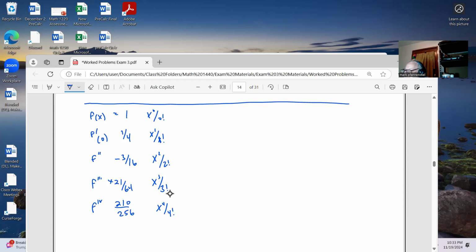So we're just going to have 1 plus 3/4 x, okay, minus this 2 times 16 is going to be 32. So minus 3 over 32 x squared. Okay, we're going to say that this is 64 times 3 times 2 times 1, so times 6. So we have 384 here.